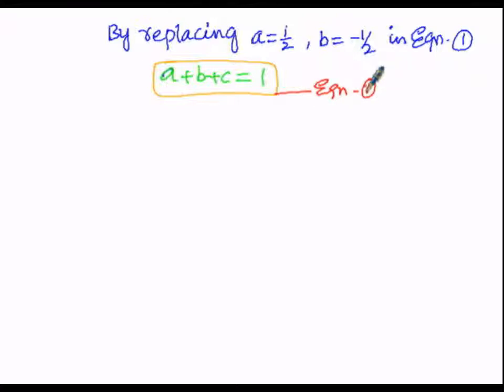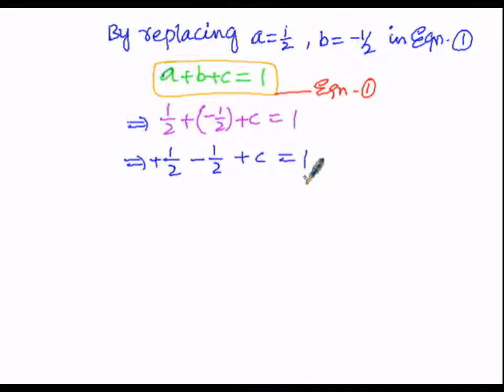Then by replacing a as half, a must be replaced by half, plus b must be replaced by minus half within the bracket, then plus c equals 1. Then the next logical step: 1 by 2 with positive sign, plus of minus is minus, then half written as it is, then plus c equals 1.